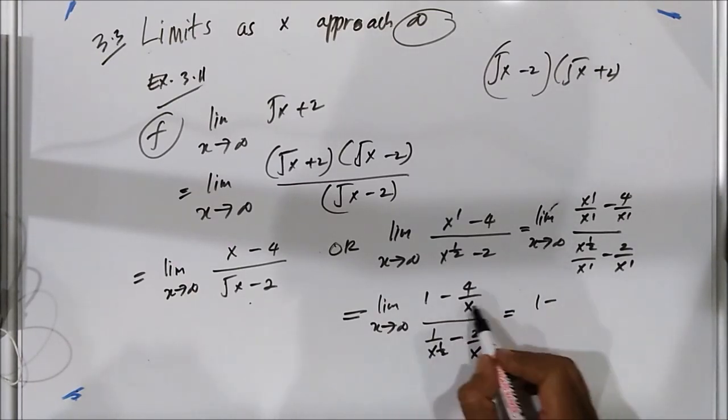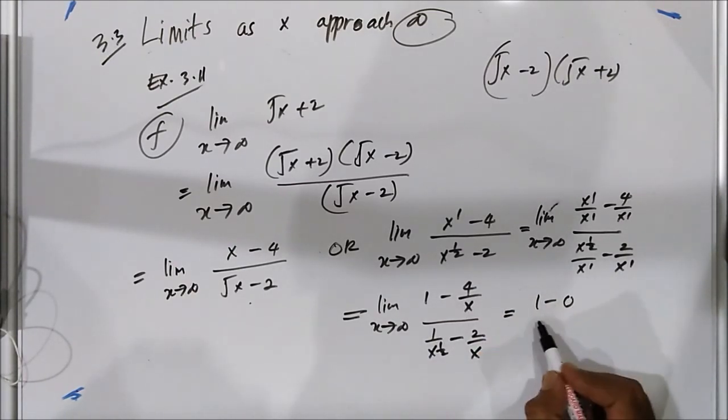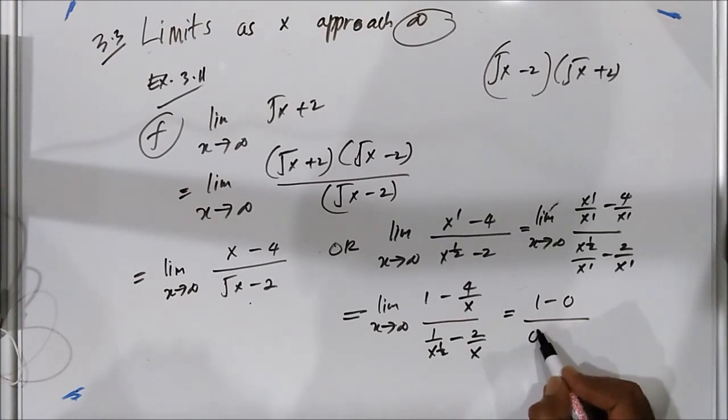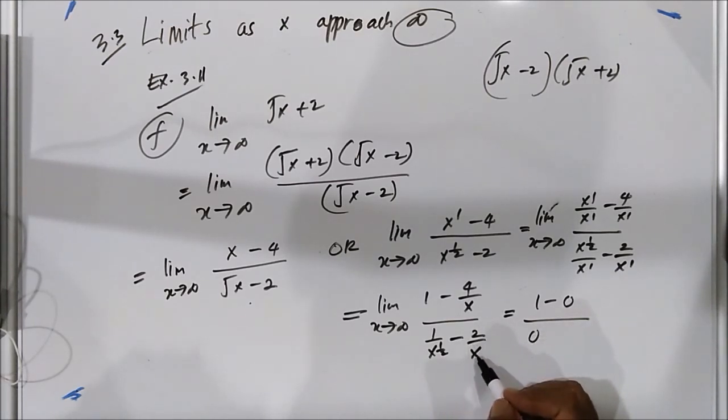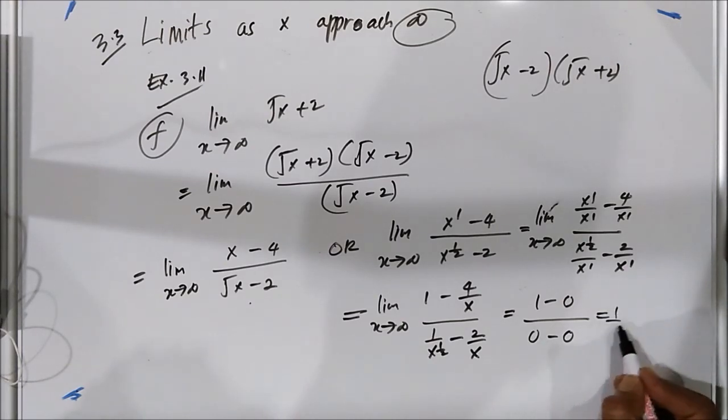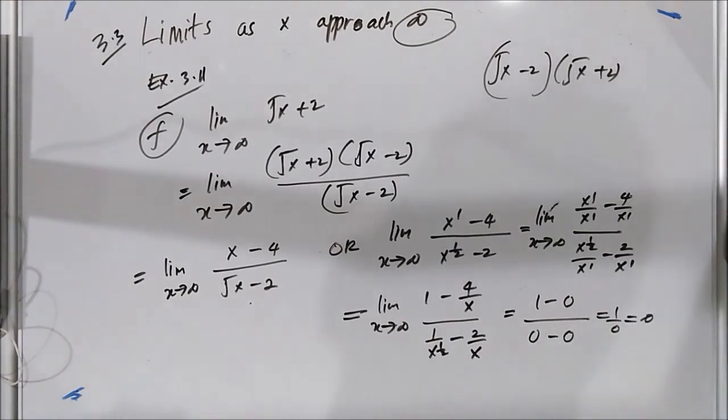A small number divided by a very large number is equal to 0, and this is also a small number divided by a very large number equal to 0. So 1 divided by 0 is equal to infinity. So this is how we solve the problem here.